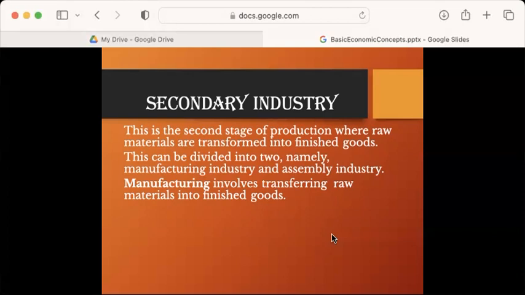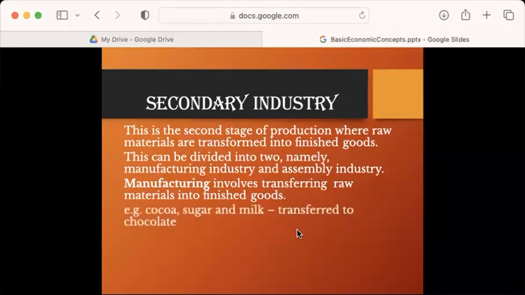These things go through a particular process in the chocolate manufacturing plant, and once the chocolate is made, can we separate sugar, cocoa, and milk? We cannot. We don't see those. We see a completely different thing. That's what we mean by transforming industry or manufacturing industry. Here the raw materials are transformed into a new thing.